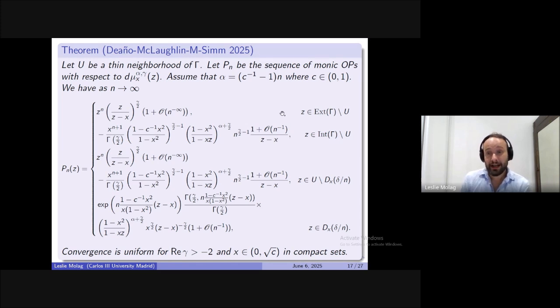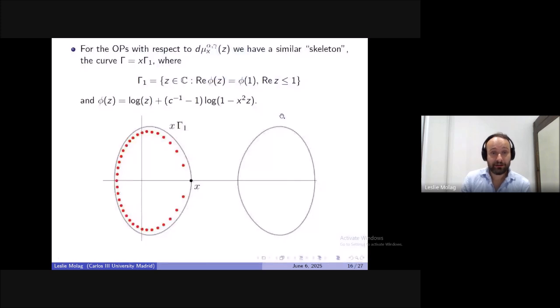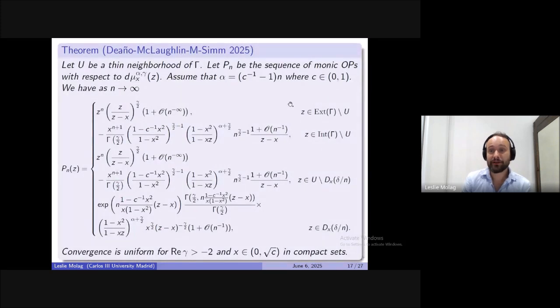So if we're in the exterior of gamma, so we're outside of gamma, but not too close because we are not supposed to be in the thin neighborhood U, then we get this behavior here. This is exactly the same as in the result by Li and Yang. Now, if we're in the interior of this curve, but not too close to the curve itself, so outside of the thin neighborhood U, then we have this behavior here.